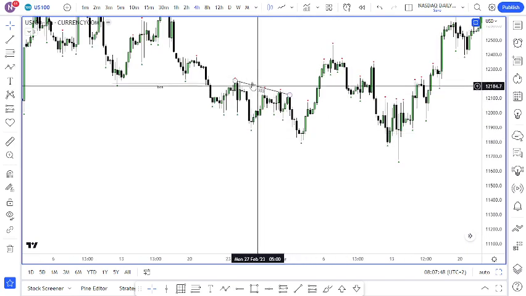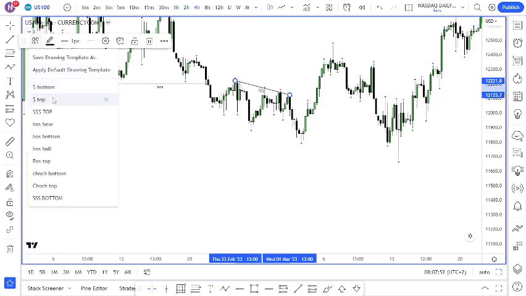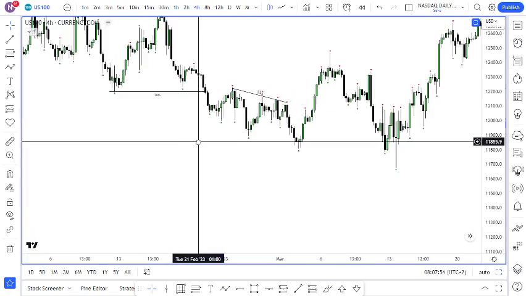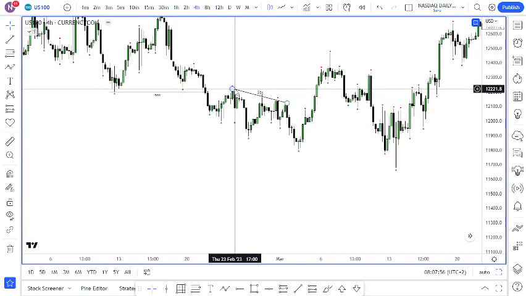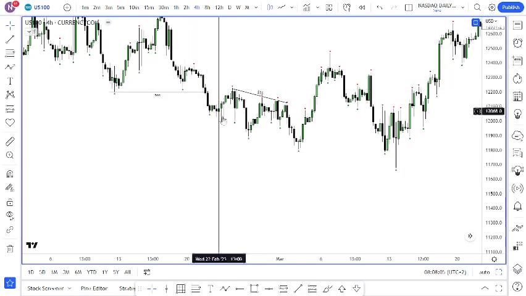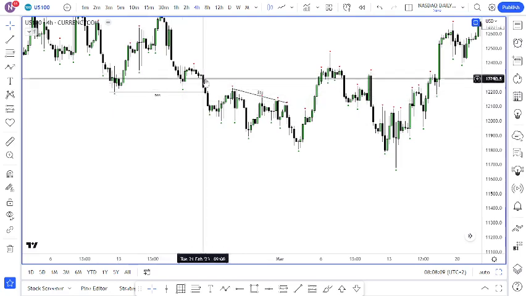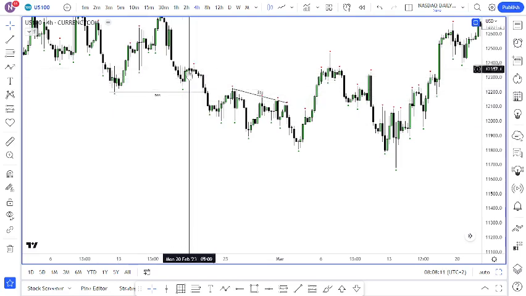So there's inducement here, right? And then right above this, you see here's a fair value gap. And from this zone, from this consolidation, price did break structure. We broke these lows here. And then here is a nice fair value gap and a point of interest here.